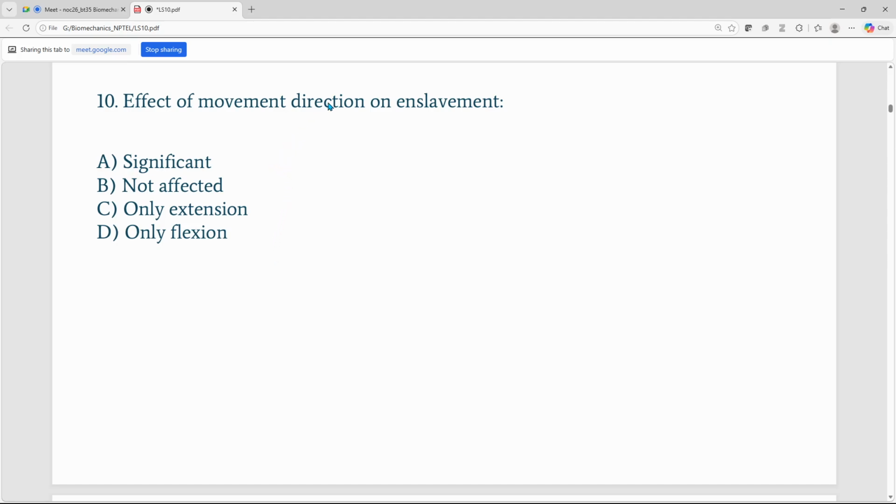So this is from the study of Chakrabavi et al.